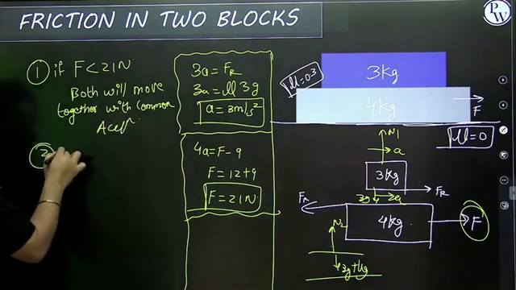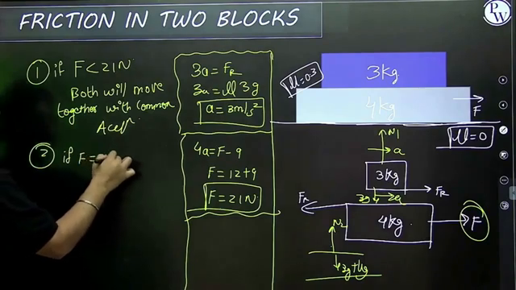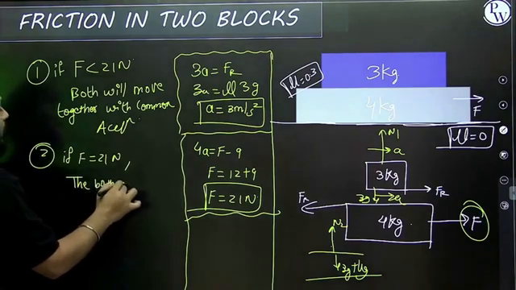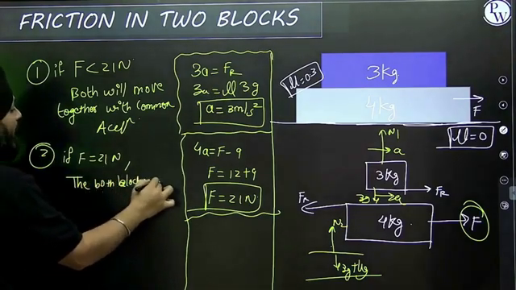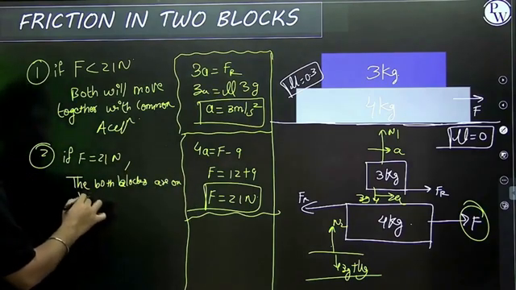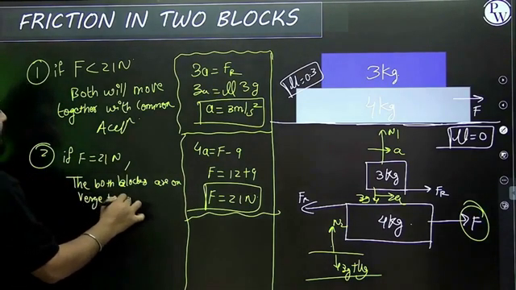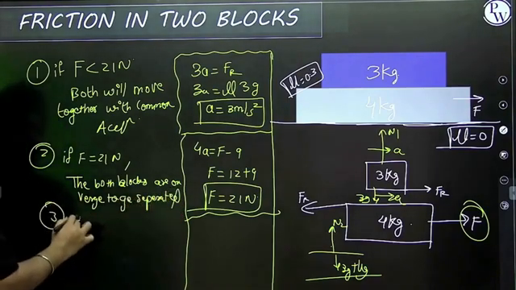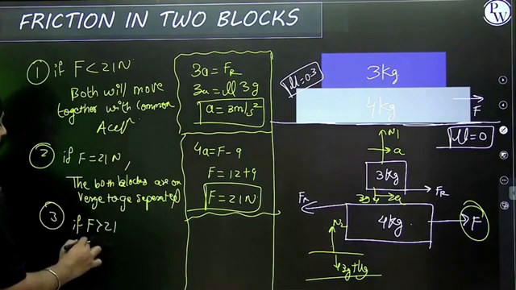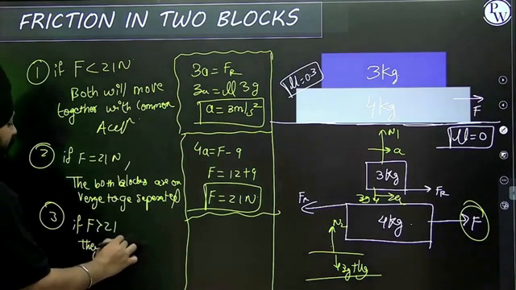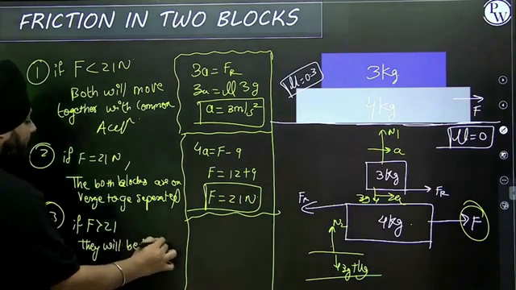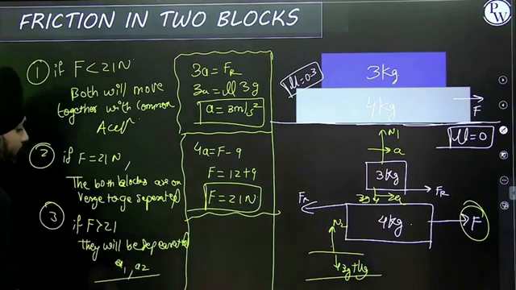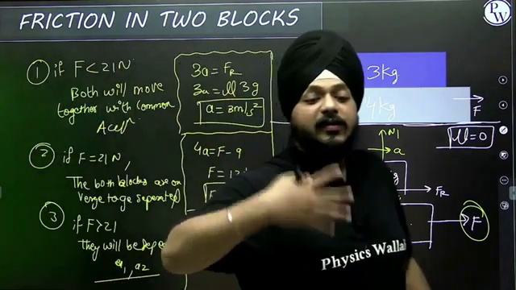If F is equivalent to 21 Newton, both blocks are on the verge of getting separated. And third, if F is greater than 21, they will be separated with different accelerations, a1 and a2. They both will get separated with the different accelerations a1 and a2.